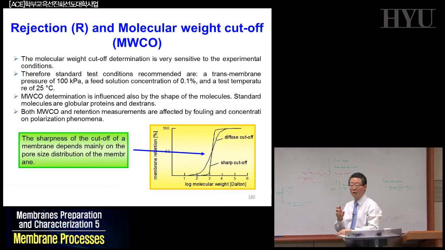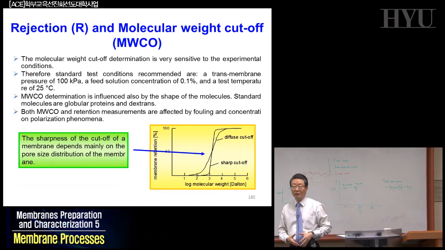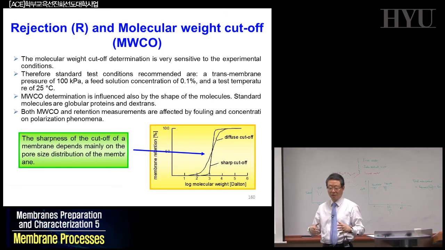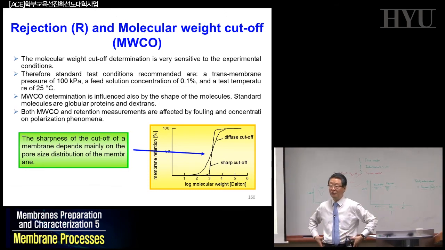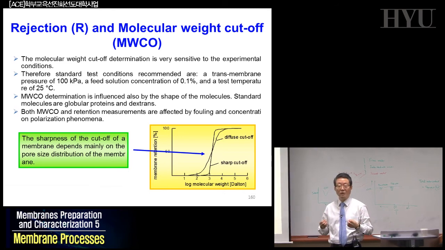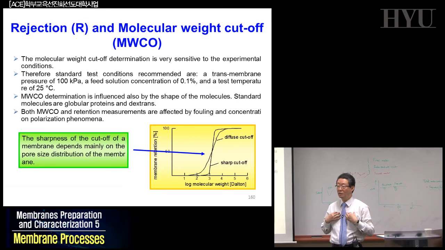Because urea and creatinine are produced by our body, and they should be discharged from our kidney through our urine. But if our kidney, as a filter, does not filter the urea or creatinine, then these toxic materials will accumulate in our body.